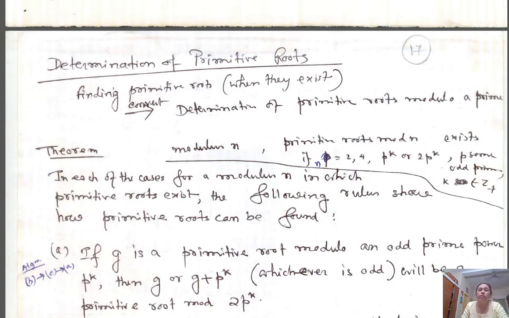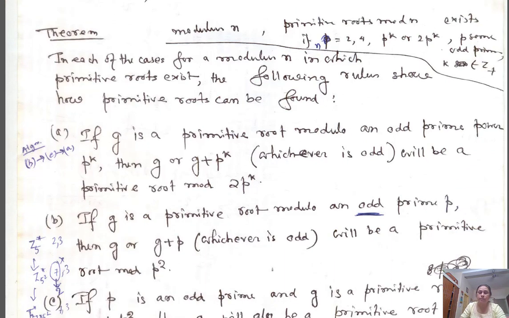This actually boils down to the problem of finding the primitive root modulo p. So it actually comes from this result.